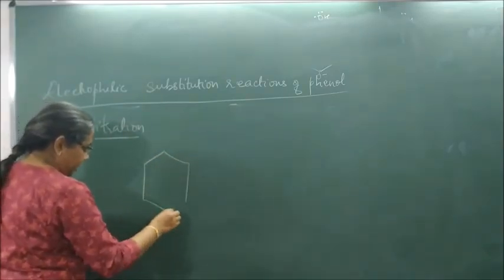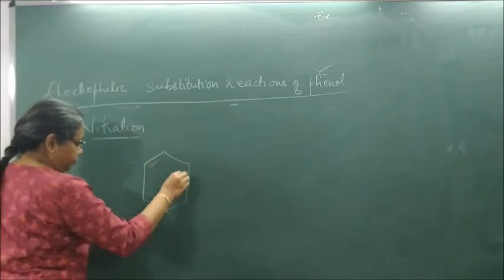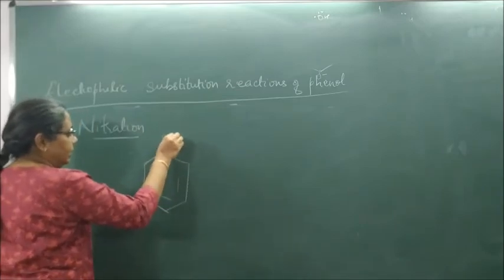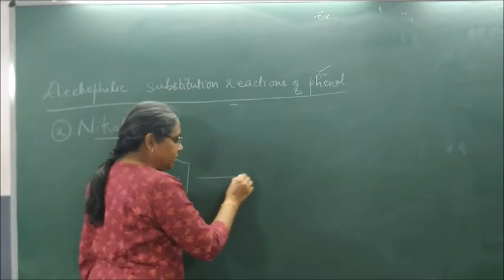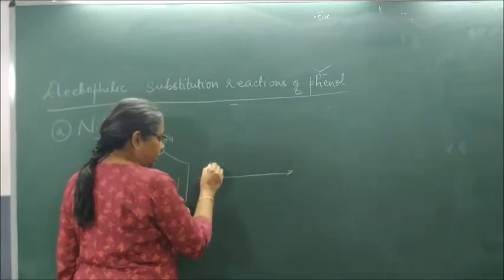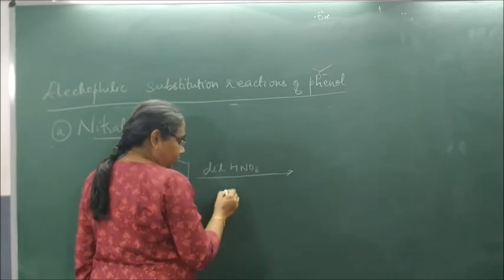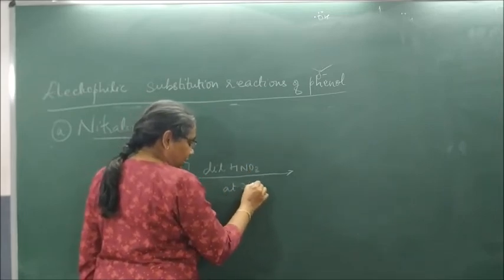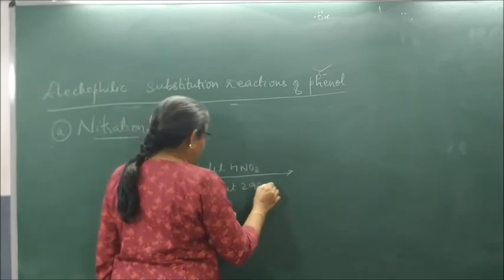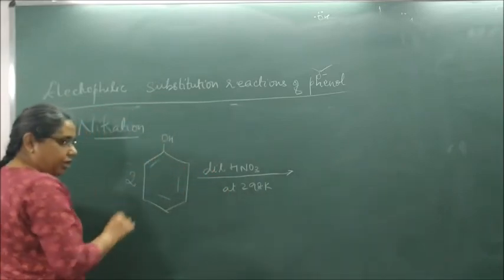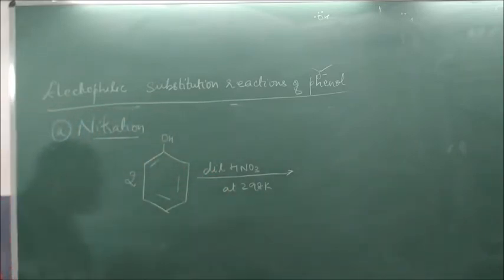So this is my reaction. I take phenol in presence of what nitric acid we are doing? Dilute nitric acid. At what temperature are we doing? At 298 Kelvin. I am taking 2 molecules of phenol because one gets ortho substituted, one gets para substituted.